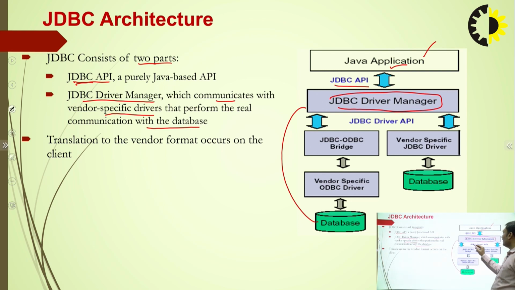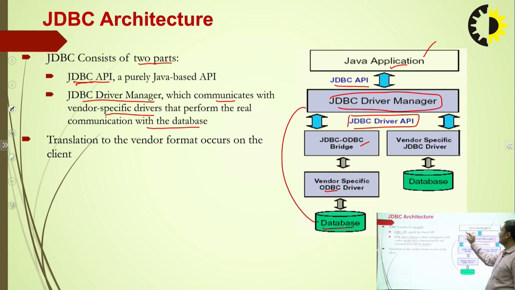Now this driver layer consists of several different kinds of drivers, like the JDBC-ODBC bridge driver, and this JDBC-ODBC bridge driver connects with vendor-specific ODBC drivers and then connects with your database.